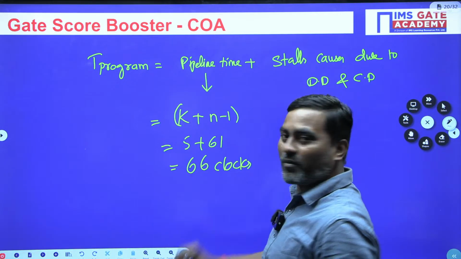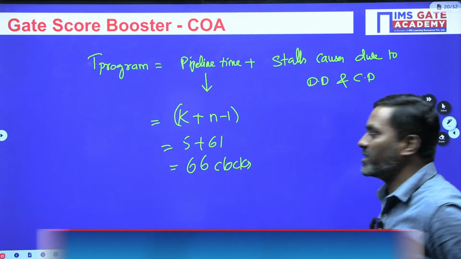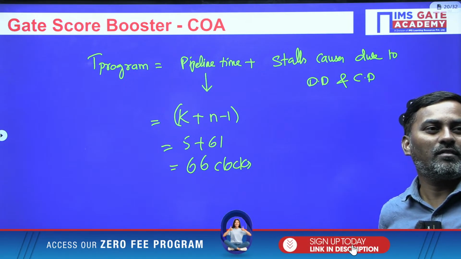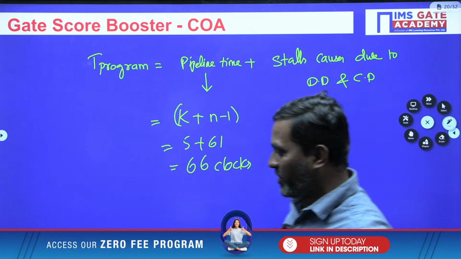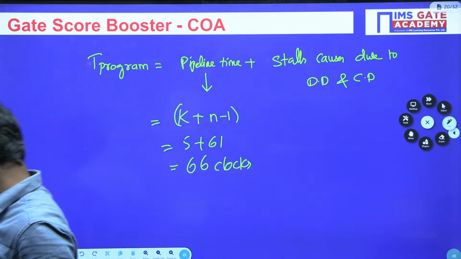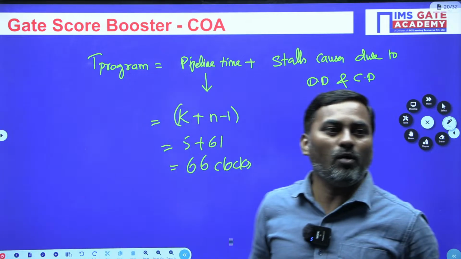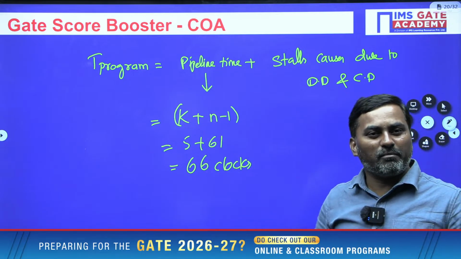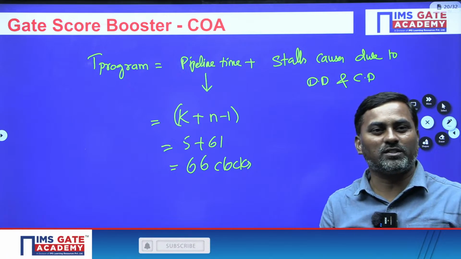Any doubt? Getting 66, any doubt? Yes, response required from everyone. Follow me. Any doubt? With 62 instructions run in the 5-stage instruction pipeline manner, we get 66.